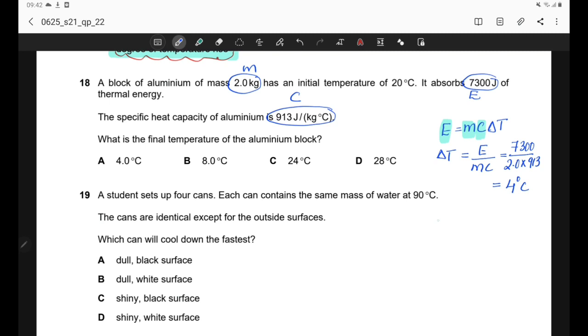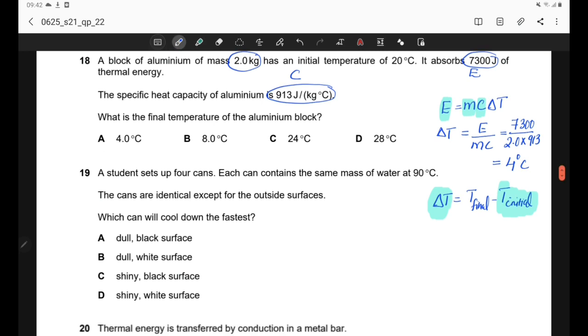So now we have change in temperature, that is nothing but the final temperature of the aluminium block minus the initial temperature of the aluminium block. We have calculated the change in temperature, and the initial temperature is already given in the question. Therefore, we can calculate the final temperature. For that, we need to make final temperature the subject.